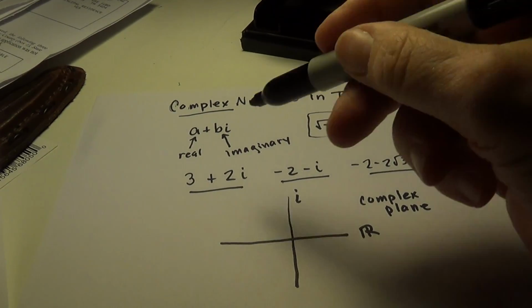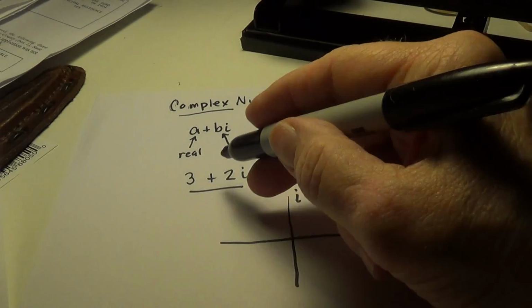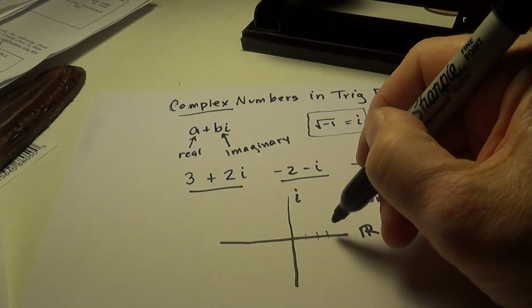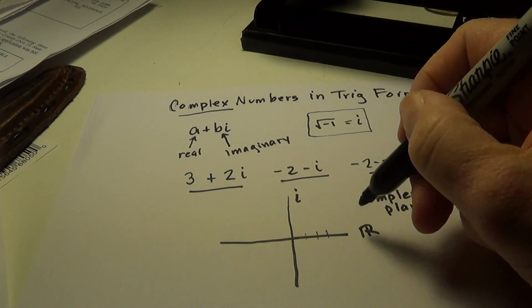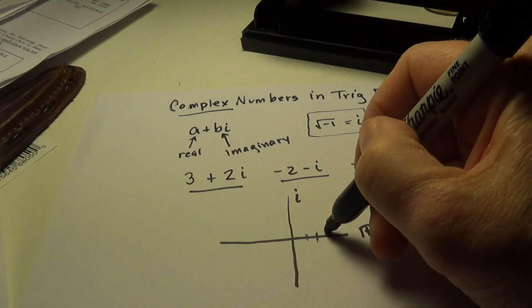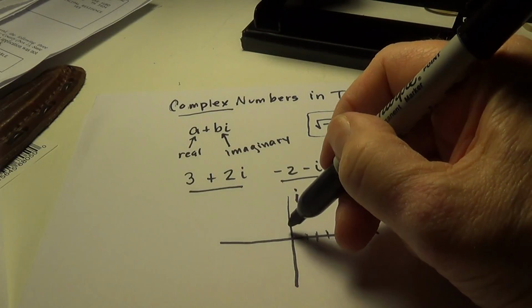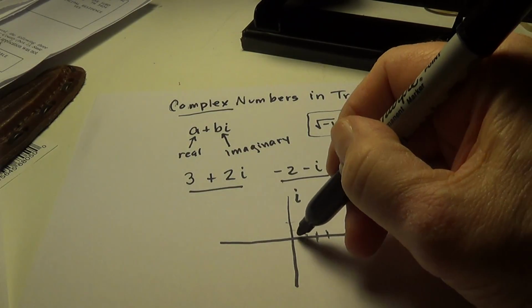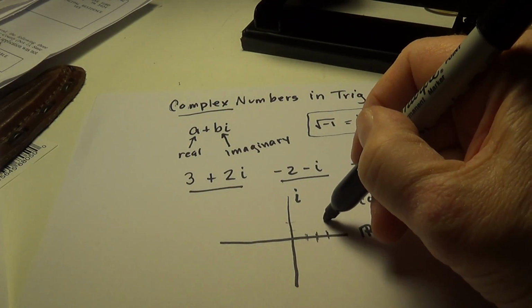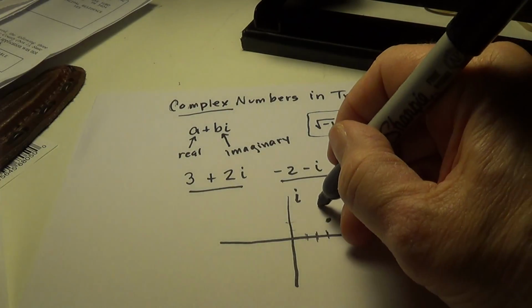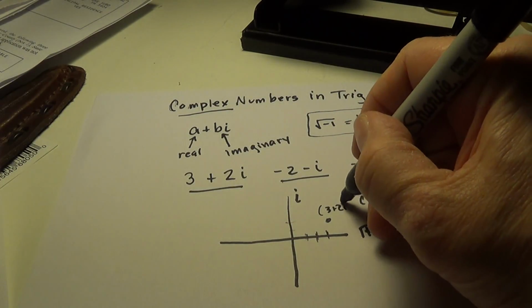So if I'm going to graph 3 plus 2i, I graph the real part on what was the x-axis, so I come over 3, and I'm going to go up 2 on the imaginary axis, so right there, and I'll write in 3 plus 2i.